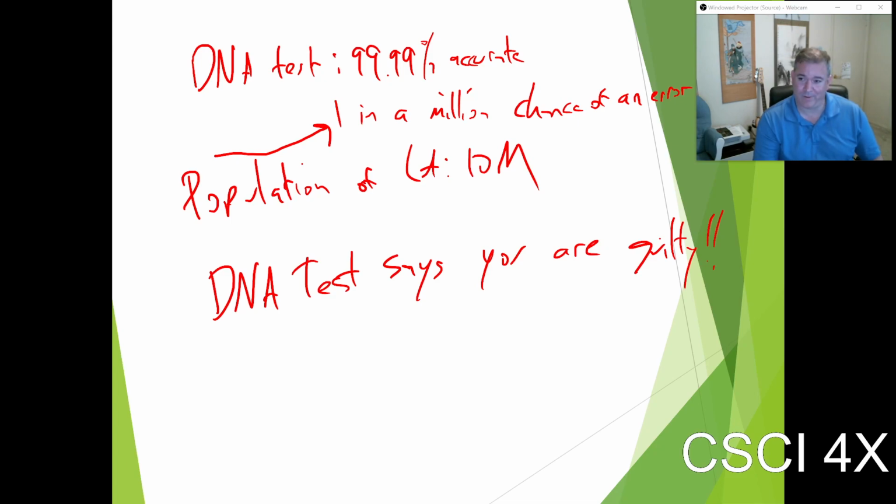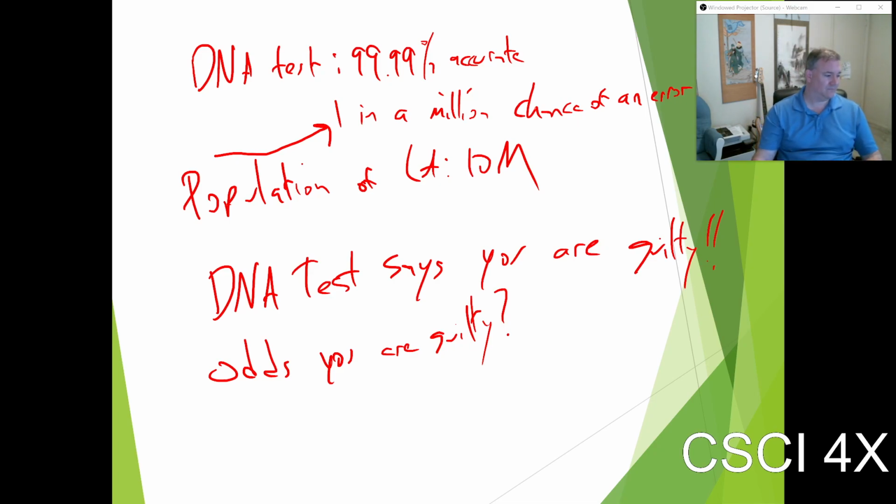Anyone else want to spitball an odds on that? What are the odds you're actually guilty? Anyone else? Just spit out a number. I'm asking you to guess. You don't have to have real numbers. It's 99.99999% accurate.